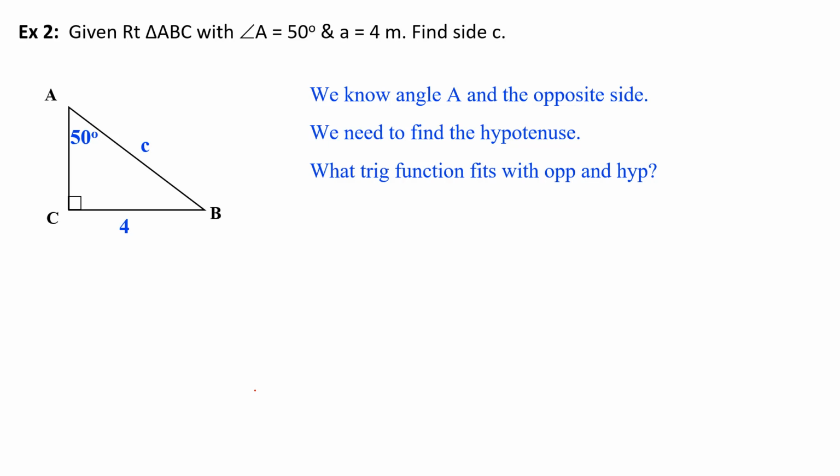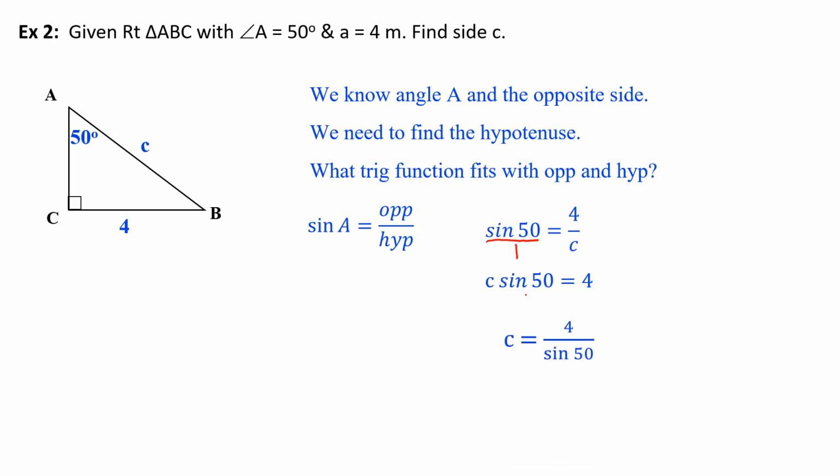So again, I look for what fits with opposite and hypotenuse. That's going to be sine. So I've got sine 50 equals 4 over c. Again, I've got c in the denominator. I can't do that. I need to get c up in the numerator, so I'm going to cross multiply. If it helps, you put the sine 50 over 1, and you cross multiply: sine 50 times c and 1 times 4, and you set those equal to each other.